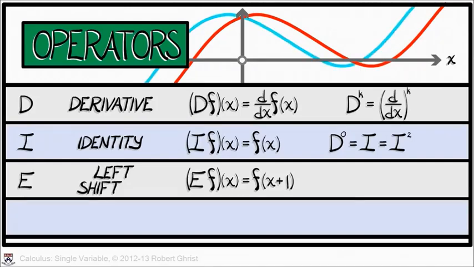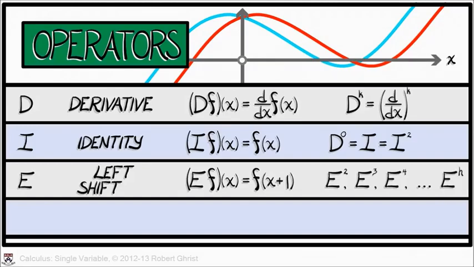This has the effect of shifting the graph of f to the left by 1 unit. Now, what happens when we take E squared? That means shift to the left by 1, then shift to the left by 1 again. We can talk about E cubed, E to the 4th, etc. We're continually shifting f to the left.